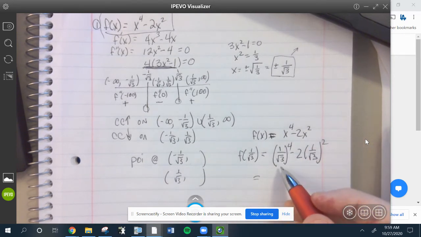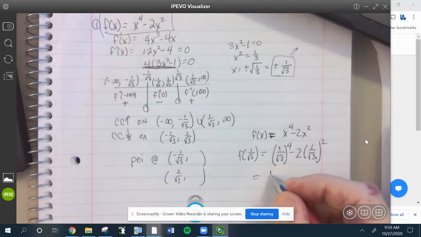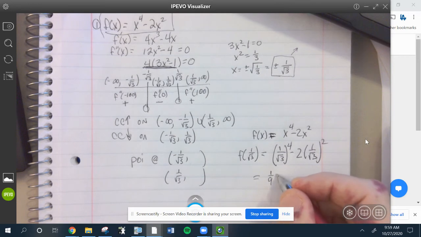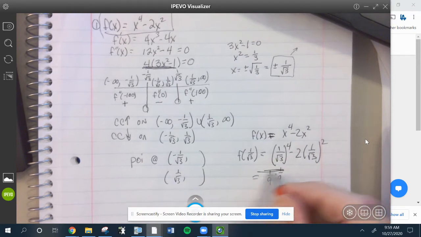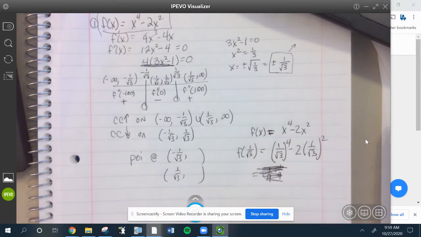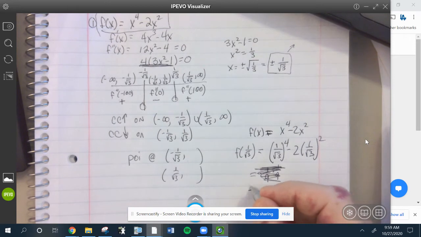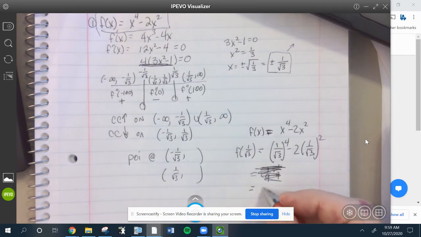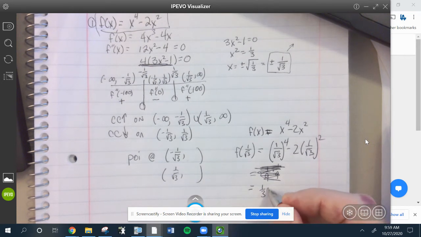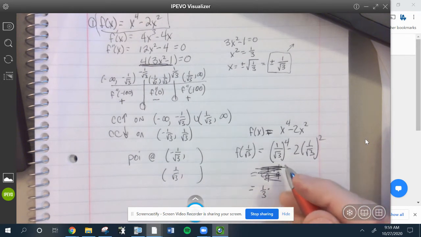Now, 1 over root 3 to the fourth is 1 over root 3 times 1 over root 3, which is 1 over 9, times 1 over root 3 times 1 over root 3, which is 1 over 9. No. Sorry, I was way ahead of myself. 1 over root 3 times 1 over root 3 is 1 over 3, times 1 over root 3 times 1 over root 3 is 1 over 3.